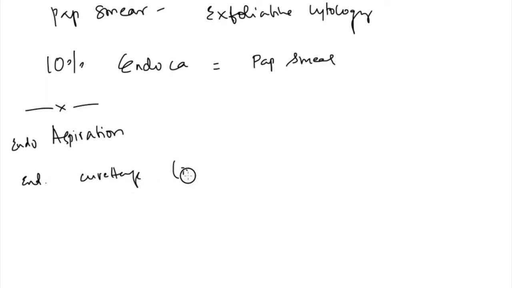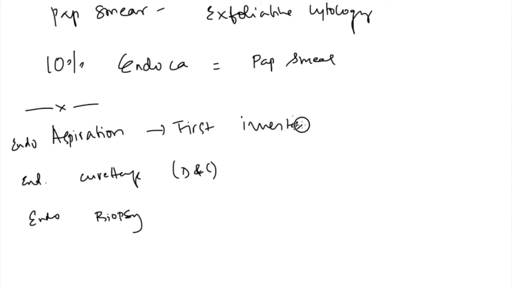We have something called dilation and curettage, D and C, that is what it is popularly called, and we have endometrial biopsy. Let's get things clear here. Endometrial aspiration: there are devices meant for this aspiration, like Karman's cannula. You just put it inside the cervix and aspirate the endometrium. So this is going to be the first investigation.